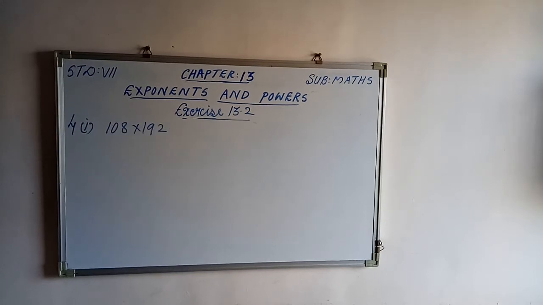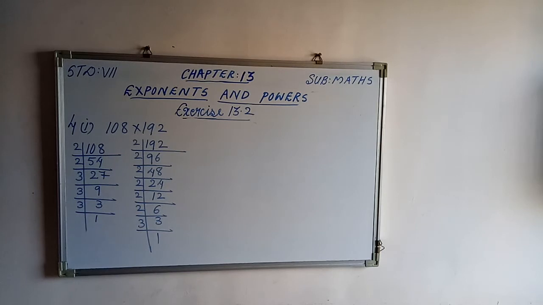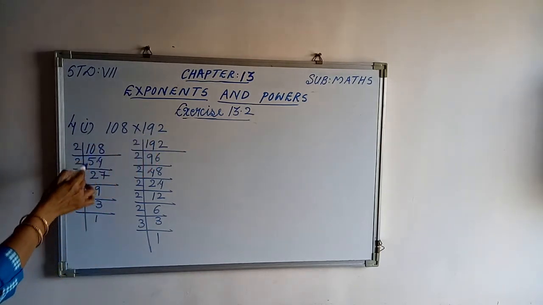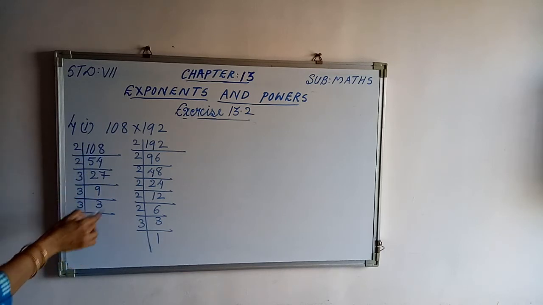Now question fourth one. Express each of the following as a product of prime factors only in exponential form. That means first you have to factorize into prime factors and write that in exponential form. First question, 108 multiplied by 192. 108 is factorized using prime factors, then 192 also factorized. Now we can write that in exponential form.